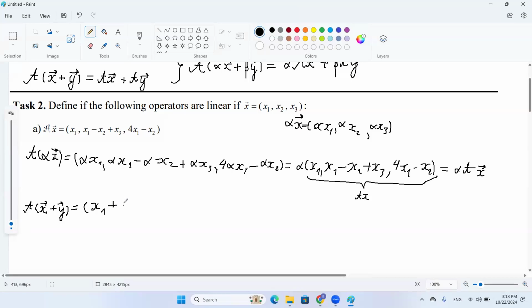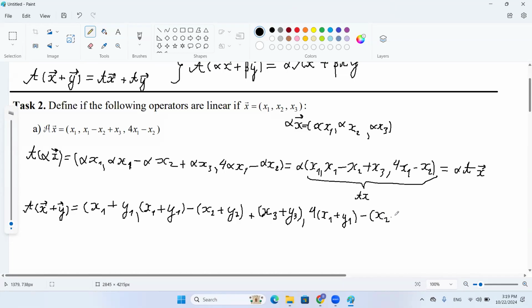So here x1 plus y1, then x1 minus x2 plus y2, plus x3 plus y3. And for x1 plus y1 minus x2 plus y2.